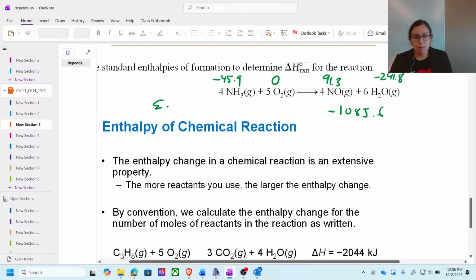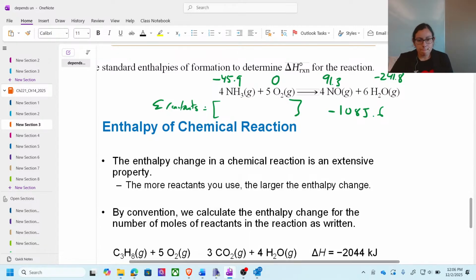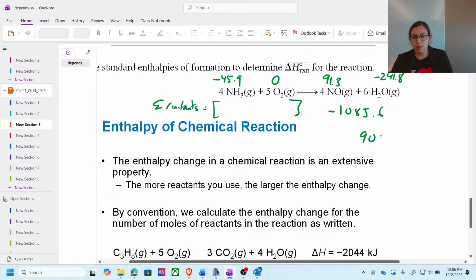Now I'm going to sum my reactants so I don't mess up my algebra. So then negative 45.9 times 4. And again, now we go products minus reactants, so minus our negative here. And then I get an overall change in enthalpy of negative 902 kilojoules for this process.